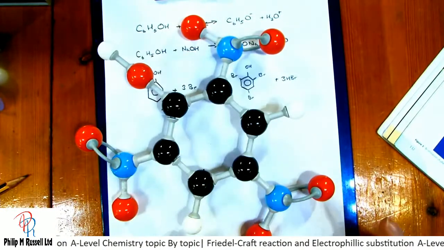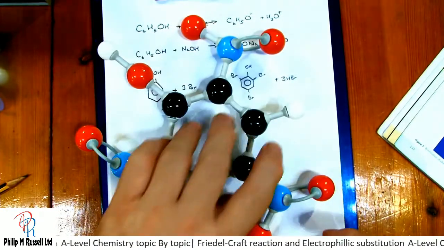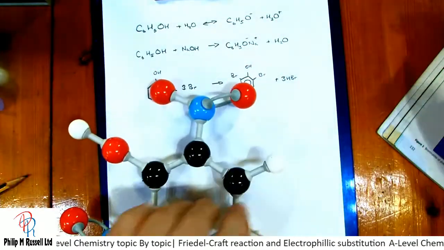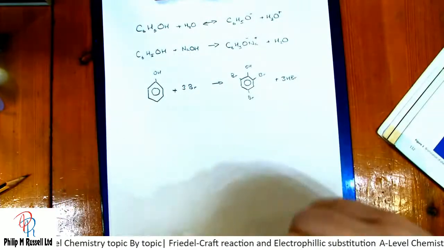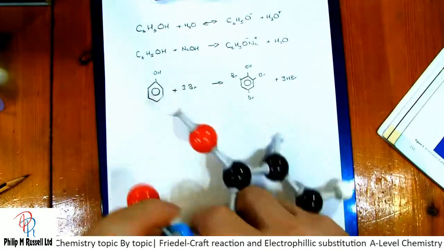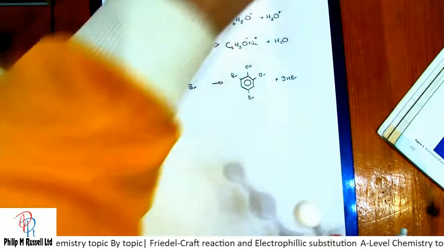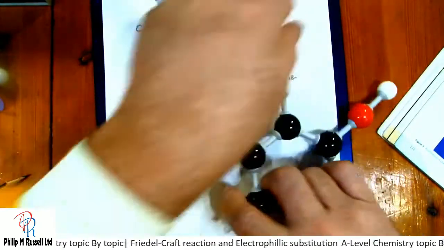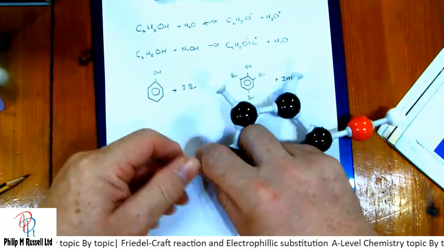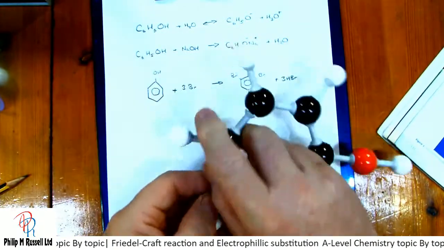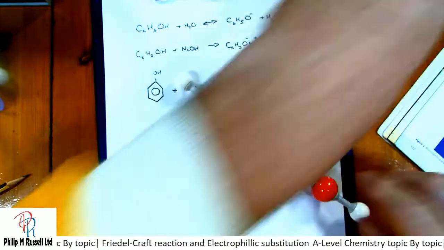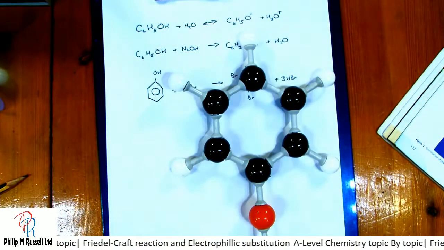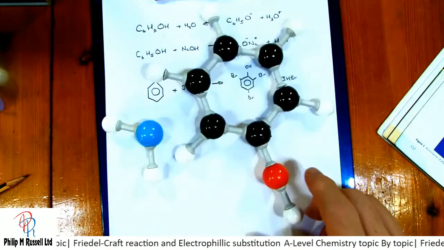Let's look at the position of this substitution and see what happens. So let's take these nitro groups off. We'll go back to my basic benzene, and let's bring in a different group to react, and we'll bring in here an NH2 group.